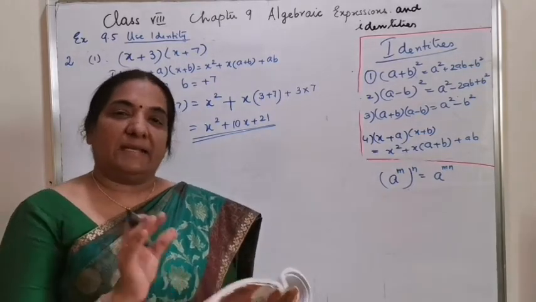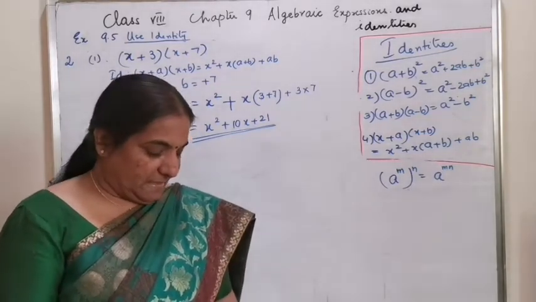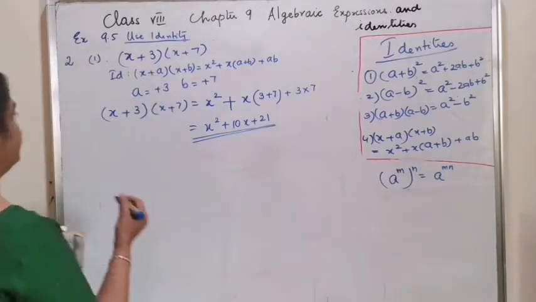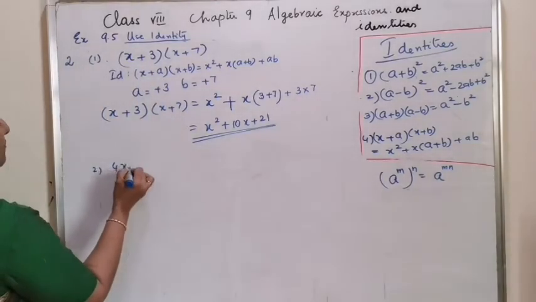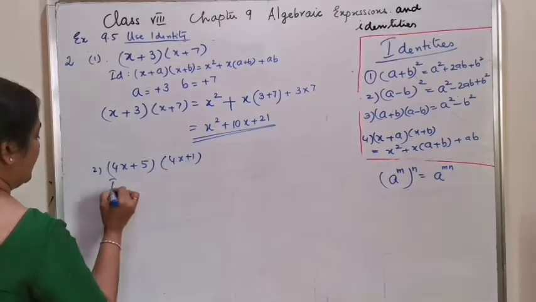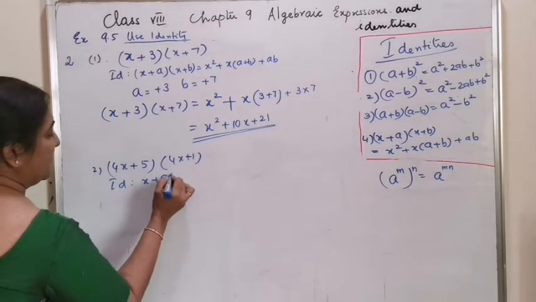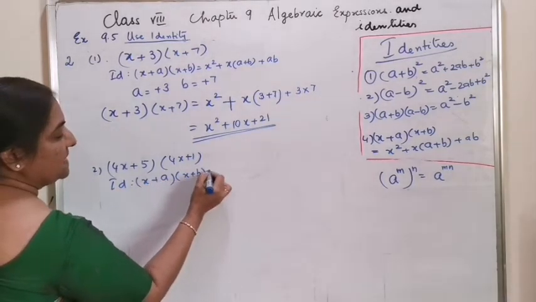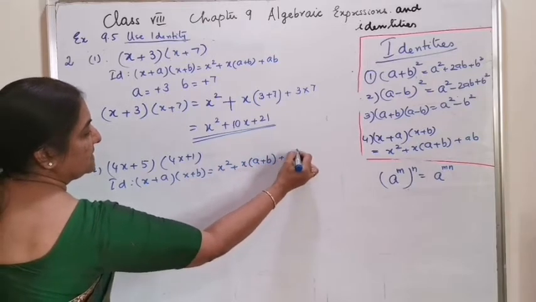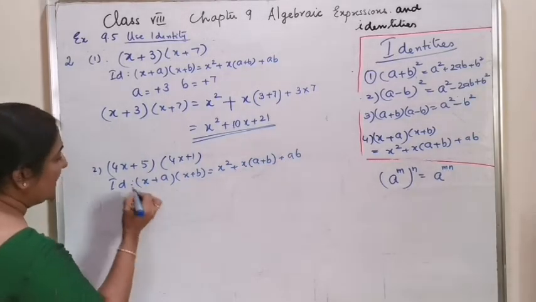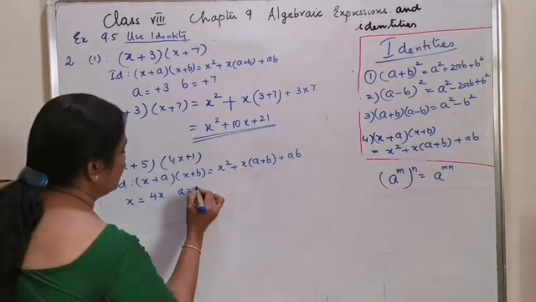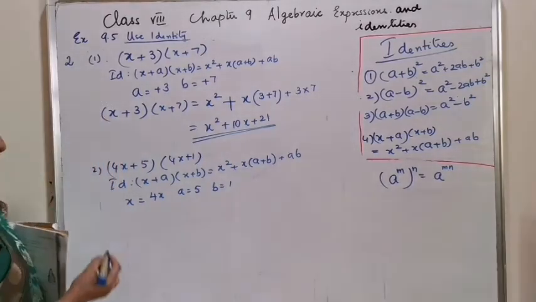Let's move ahead. Like the same method, the second question is 4x plus 5 into 4x plus 1. Identity is (x plus a) into (x plus b) is equal to x square plus x into (a plus b) plus ab. Your x value is 4x. Your a value is 5, b value is 1.